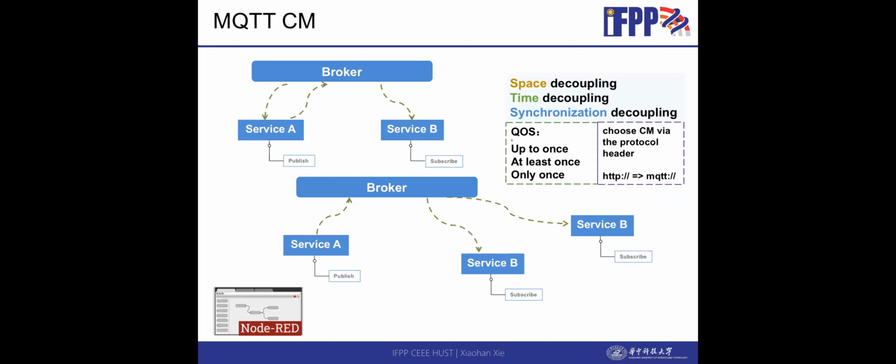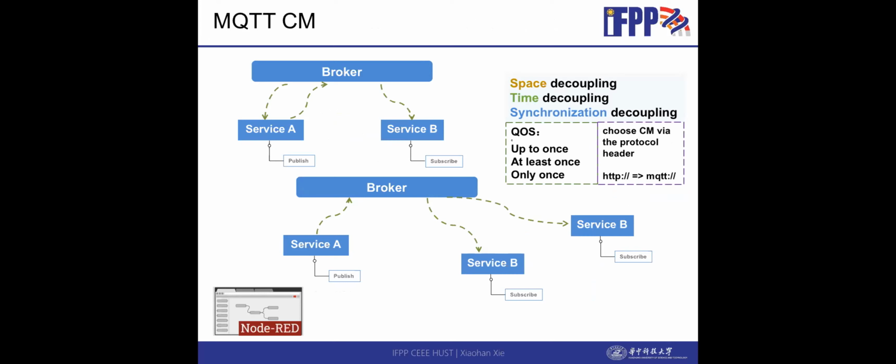It provides one-to-many message publishing, decoupling subscribers from publishers. The decoupling has several dimensions. Publisher and subscriber do not need to know each other and do not need to run at the same time. MQTT also has 3 message distribution qualities of service.